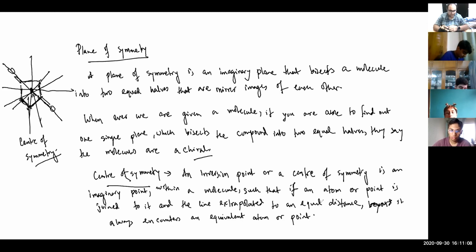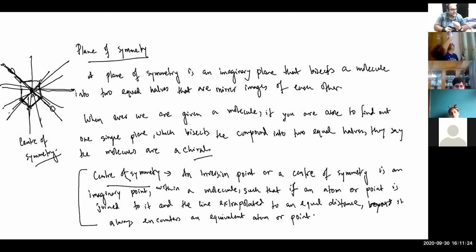This is written in sophisticated words, but simply: when you have 5-6 lines of symmetry and you draw all of them, the single point where all your lines of symmetry overlap or intersect is your center of symmetry.